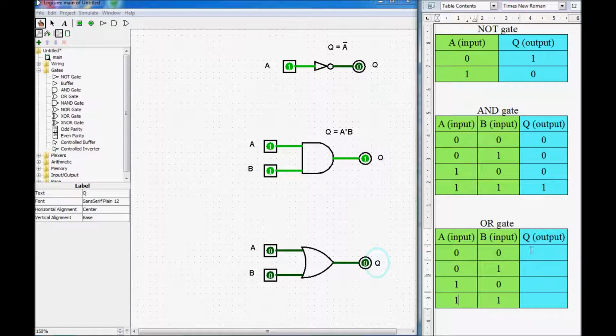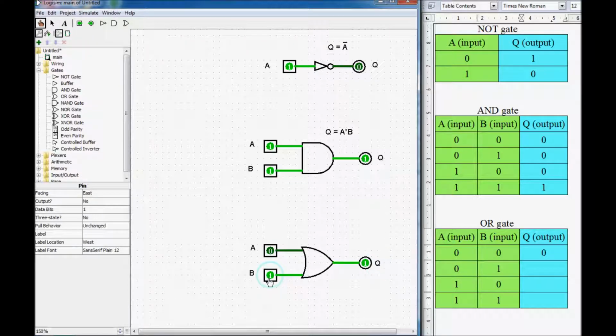And now again we can see that if both of our inputs are zeros, then the output is 0. We fill out it here. Now if we have 0 on input A and 1 on input B, the output in this case is 1. And the same is when we have 1 in input A and 0 in input B. And also in this case, when we have both inputs at a high level, our output is 1.